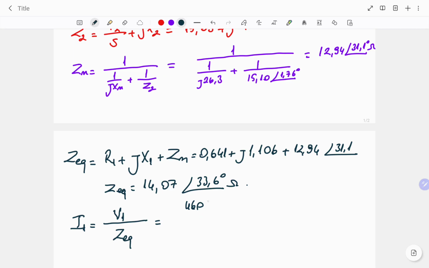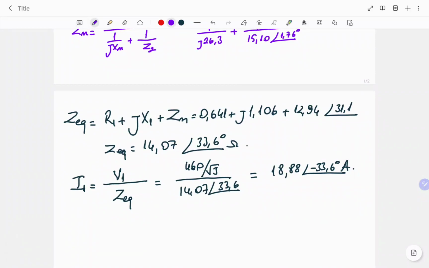So 460 must be divided by square root 3 because the system is connected in Y, and in here we have to write the phase to neutral voltage. If we divide by the total impedance value, which is 14.07 with 33.6 degree, we can find 18.88 with minus 33.6 degree. This is the current of the input side.